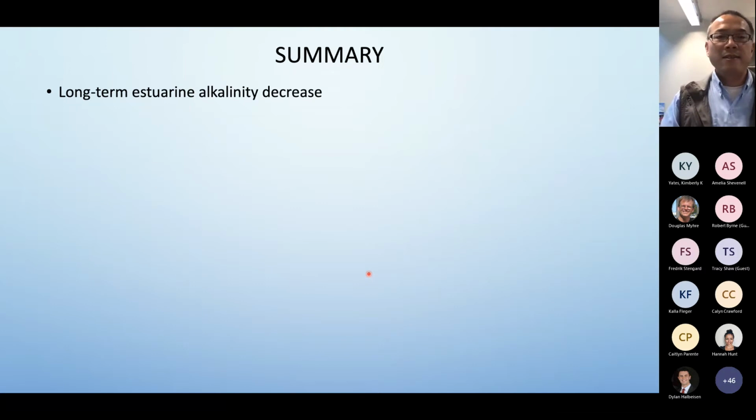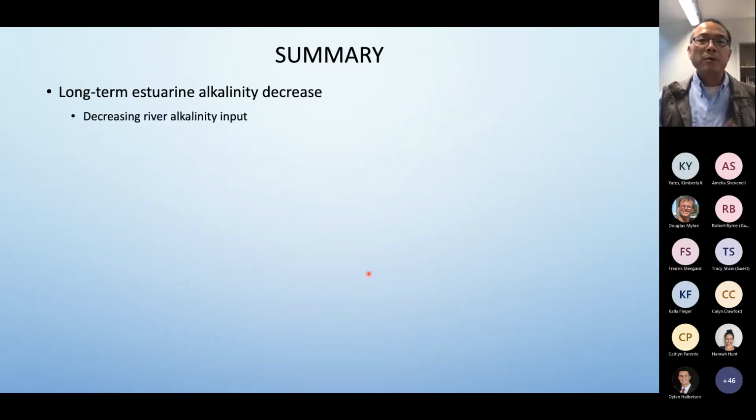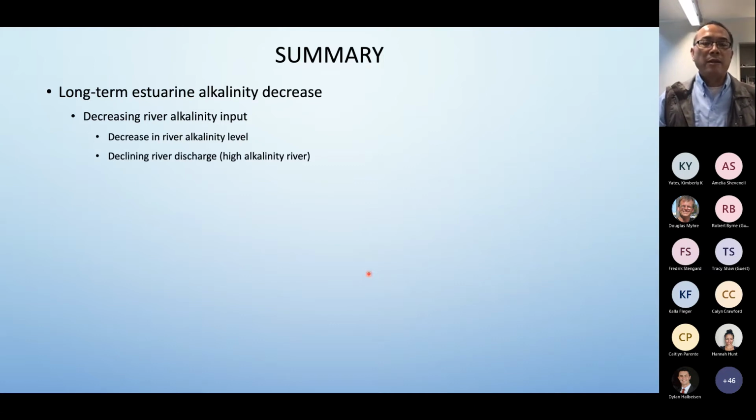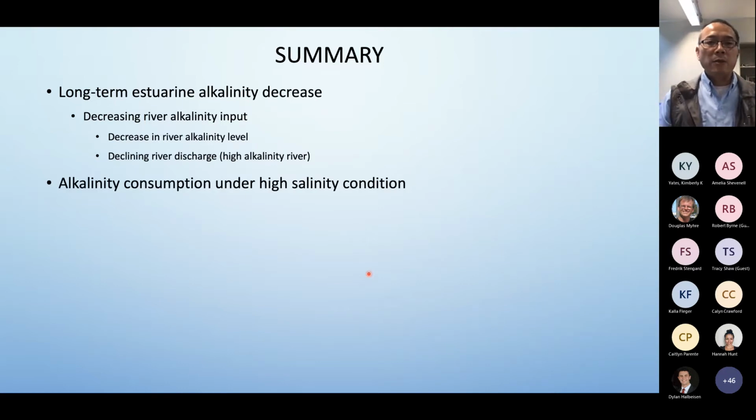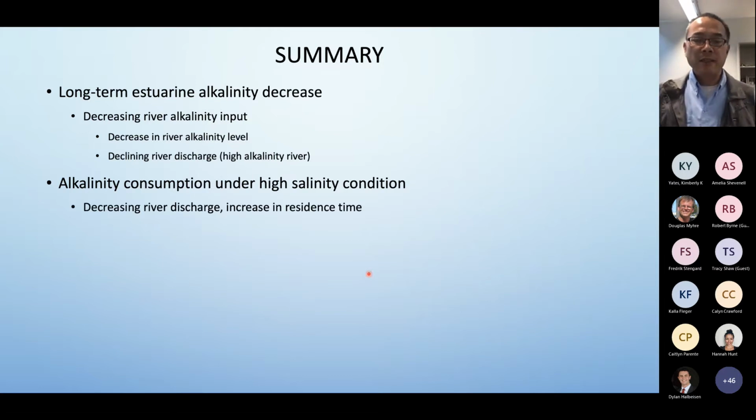In summary, we have this long-term estuarine alkalinity decrease. It can be caused by a decrease in river alkalinity input up north in the northern part of the coastline. And to the south, there is a declining river discharge, especially from the high alkalinity rivers. Also, in these hypersaline conditions, alkalinity consumption can be significant.